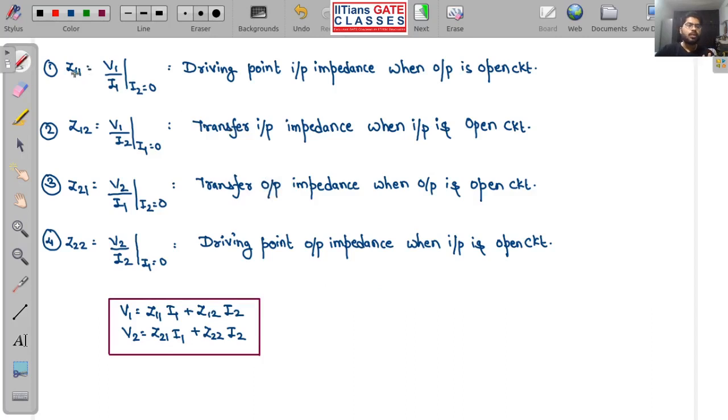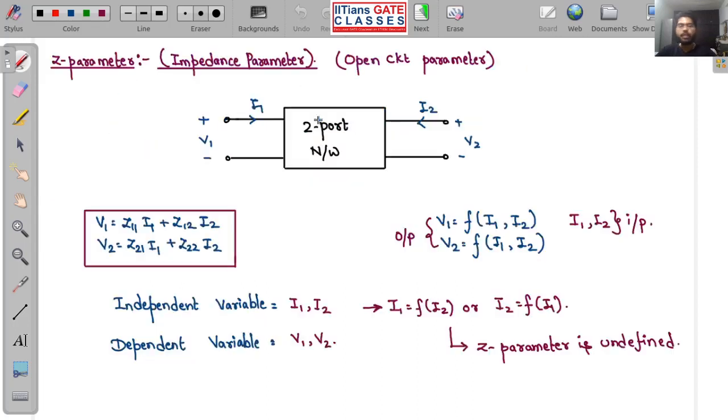Now look, what is Z11? Z11 is V1 by I1 when I2 is equal to 0. It is known as the driving point input impedance when output is open circuit. Why input impedance? Because of V1 by I1. If I write Z in, it is equal to V1 by I1; this is the input impedance of the circuit.